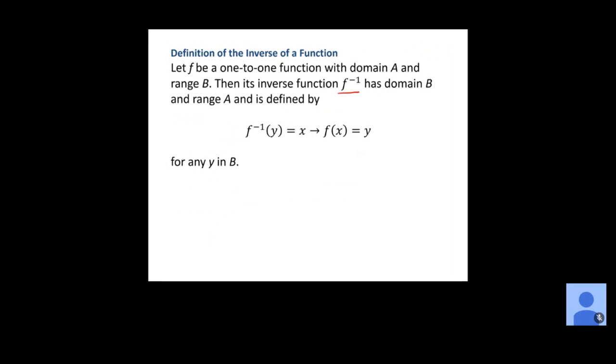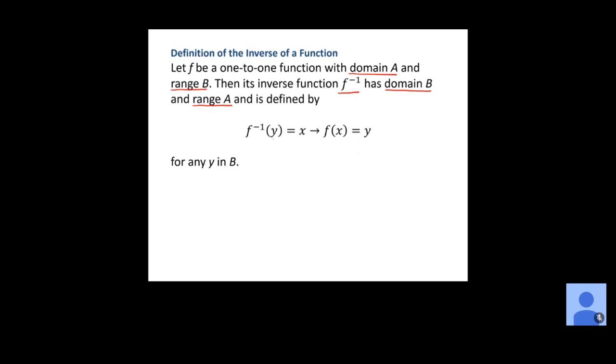And f inverse of y is equal to x implies that f of x is equal to y. Now, all you need to recognize here is that if the domain of the original function is A, the domain of our inverse function is B, and the range of our original function is B, then the range of our inverse is A. In other words, we're switching the domain and the range, or we're switching the x's and y's.